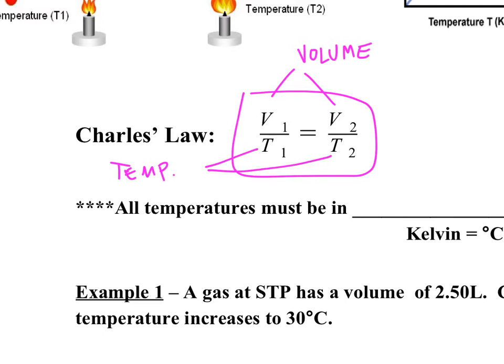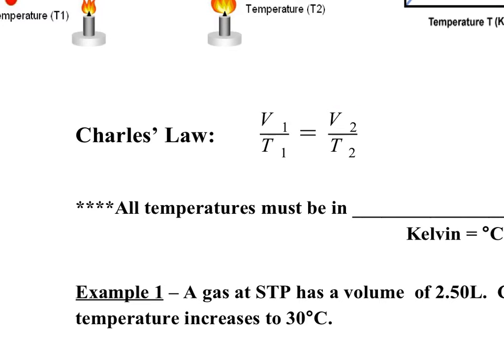The ones and the twos: the one refers to the initial volume and temperature, or what it started at.